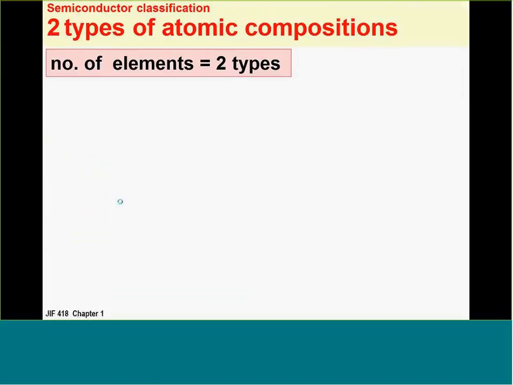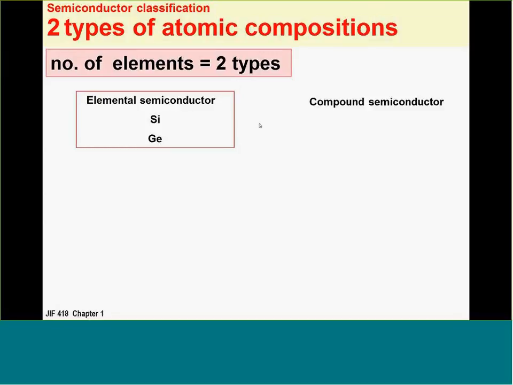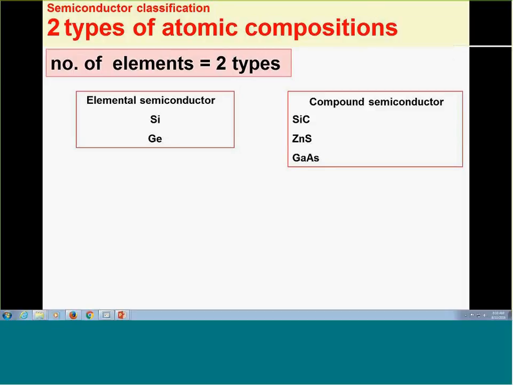From the atomic composition, we can know that there are two types of subdivision: whether it's elemental, like I said just now, for silicon and germanium, or a compound semiconductor. Basically, it can be 2, it can be 3, and it can be more than that.